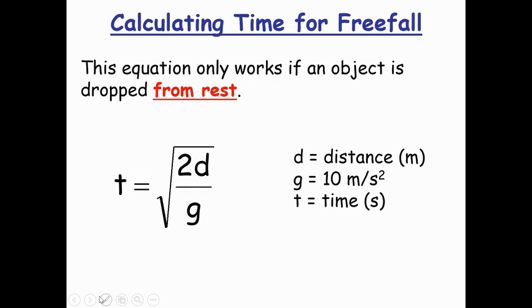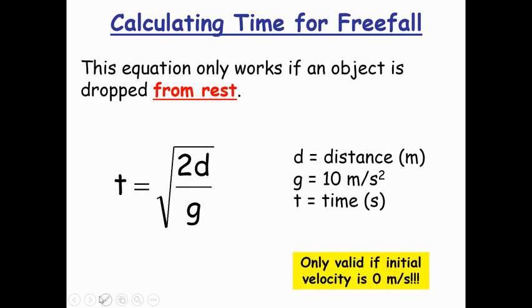Like before, with our other equation, this one is only valid if the initial velocity is 0. So it must be an object that is dropped from rest in order to use this equation.